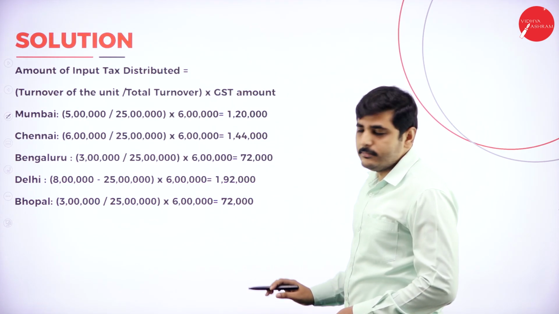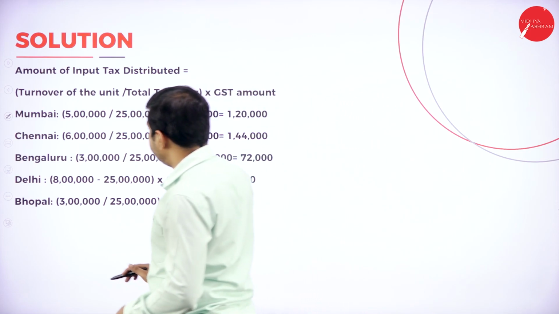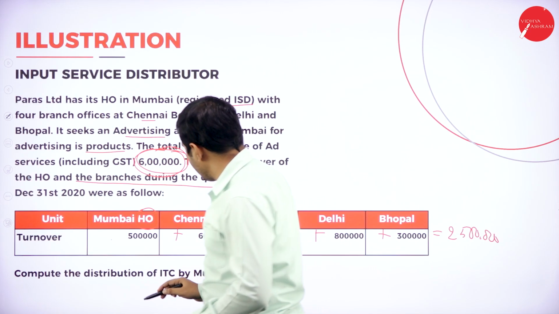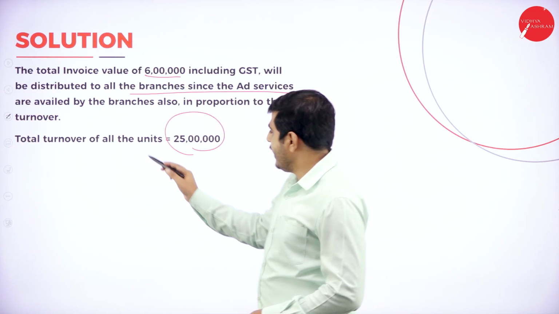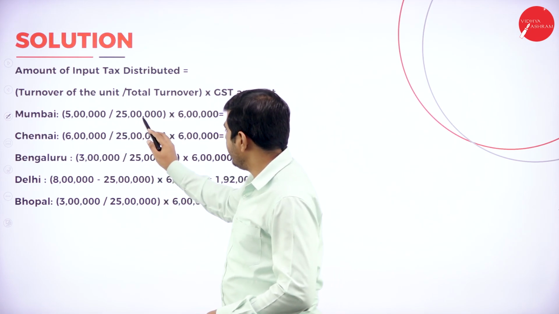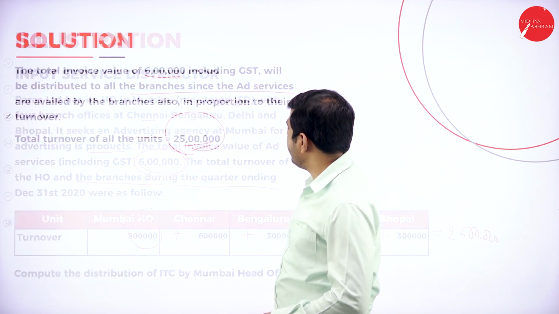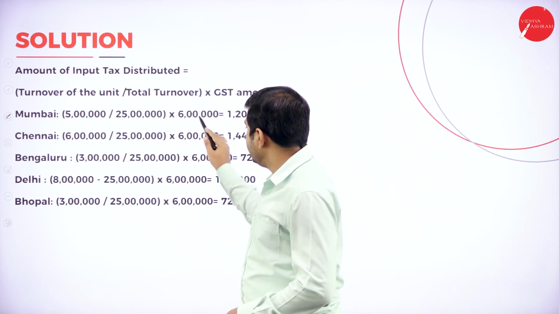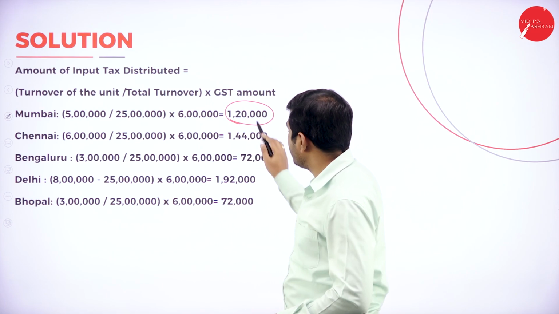Now on the basis of this 25 lakh, we have to distribute the 6 lakh rupees to all the branches. So Mumbai: 5 lakh divided by 25 lakh, into the total ITC available, which is 6 lakh. How much ITC goes to the head office?